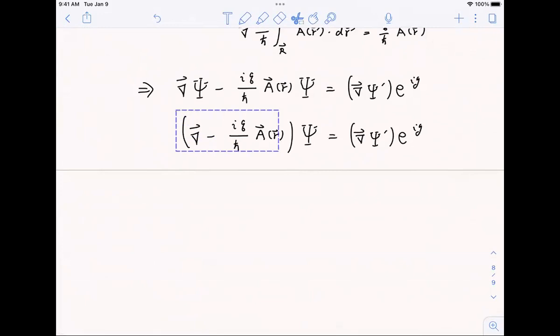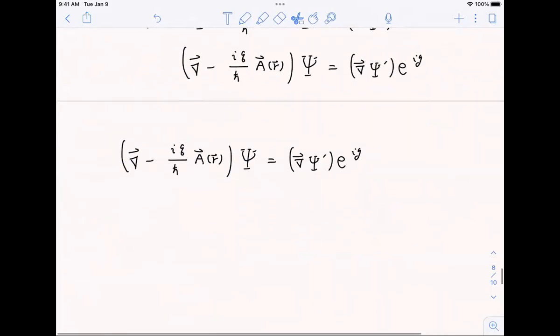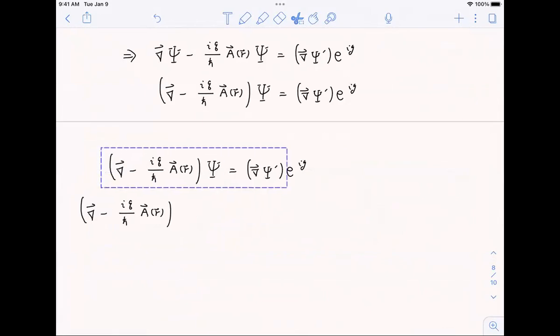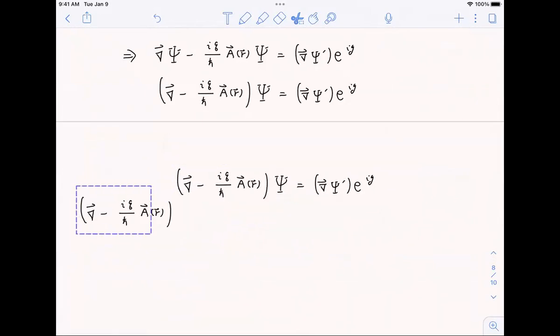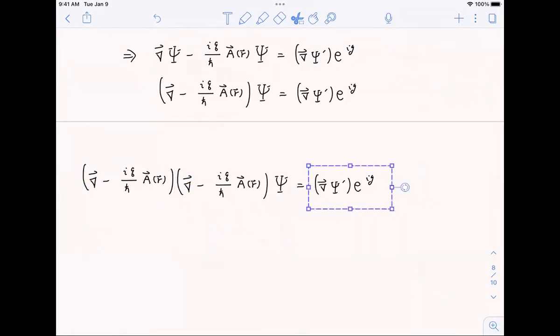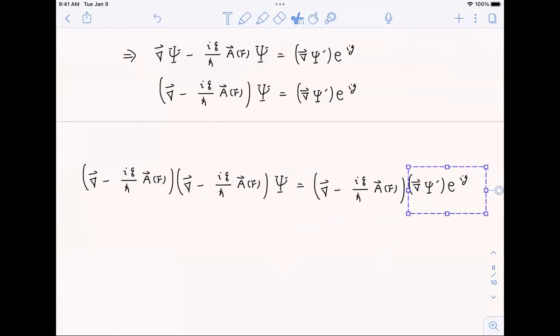Then all you need to do is to apply this twice. You just apply it on one side, and then also apply it on the other side. Okay.